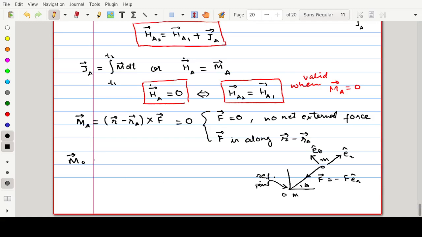Instead of A now I have O, where O is the origin and this is my position vector R. R minus RA is now 0 because A is taken at the origin. We can do this with any fixed point A, but we have taken O in this example. So this will be a 0 vector, so you don't need to write this.